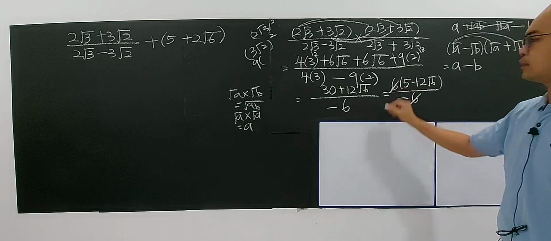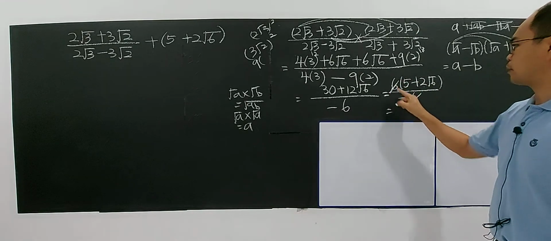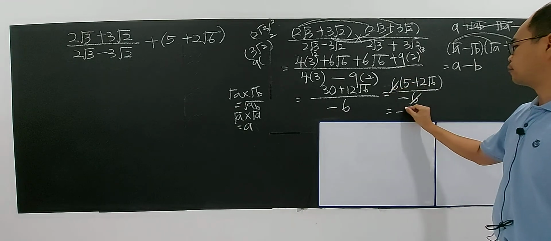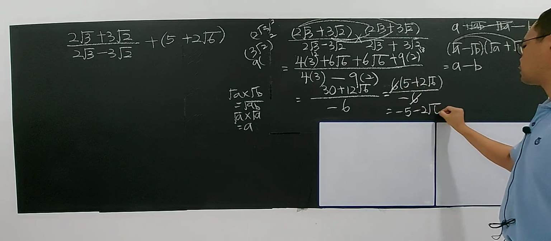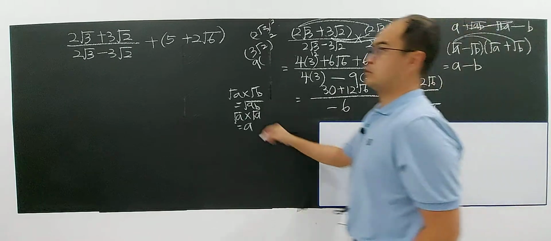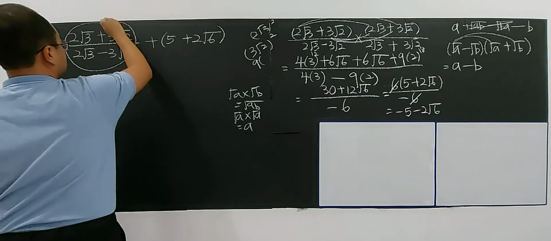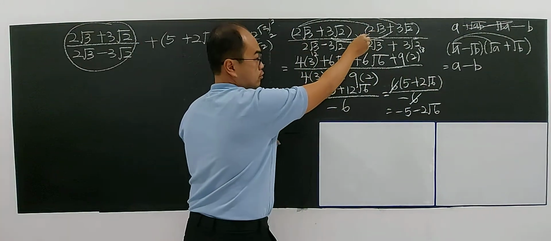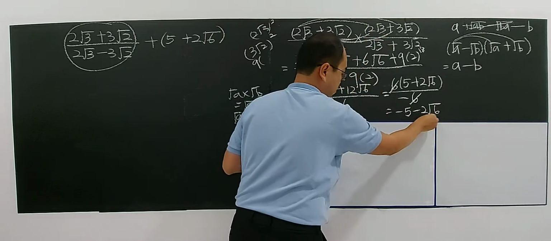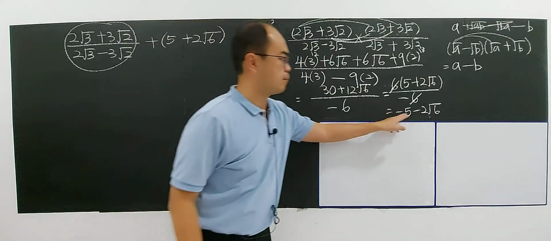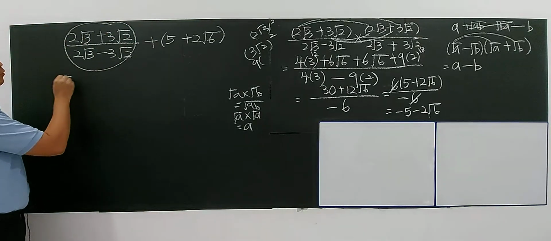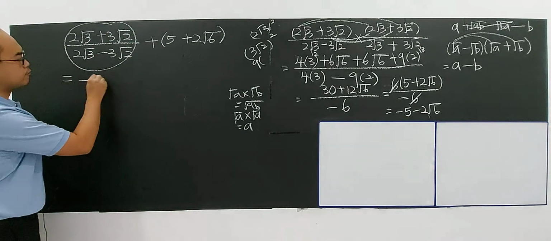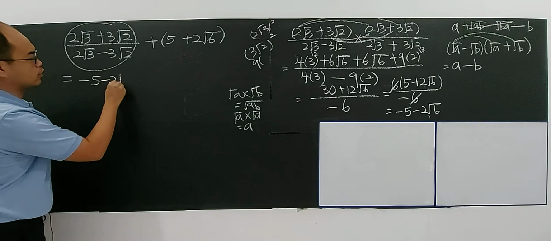So this 6 will cancel out, then the negative you can put in front, negative 5 minus 2 square root of 6. You can see that by using multiplication with the conjugate, it becomes the form a plus b square root of c. Now you have negative 5 minus 2 square root of 6.